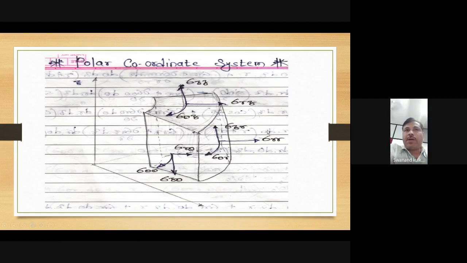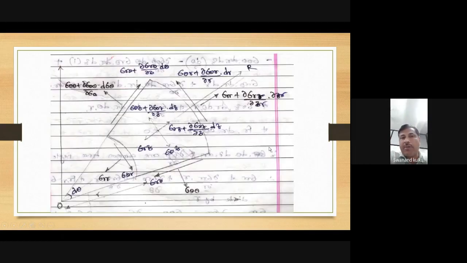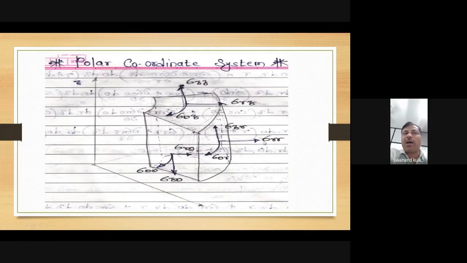For example, if we consider sigma RR, which is shown here, sigma RR is the stress along the radial direction. Similarly, sigma ZZ is the stress in the z direction, along the thickness.